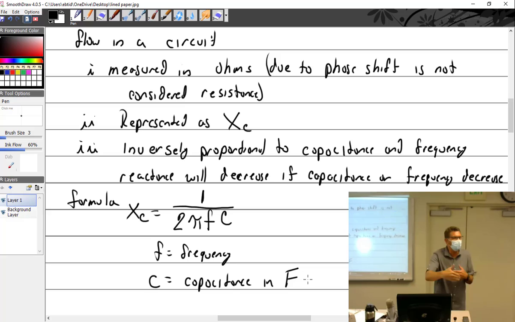So the more coils we add, the more ELI is going to take effect, which means E comes first, then L, then I. So voltage will lead the current, and the current follows, lags behind, 90 degrees.